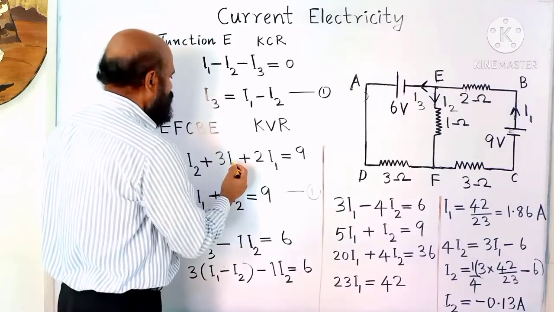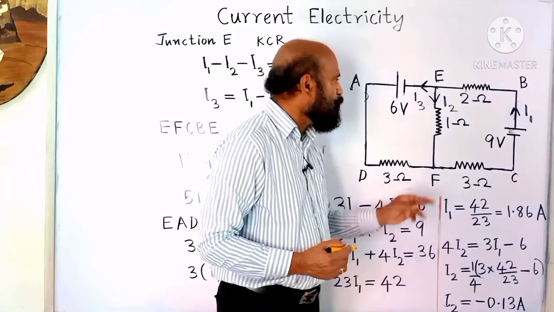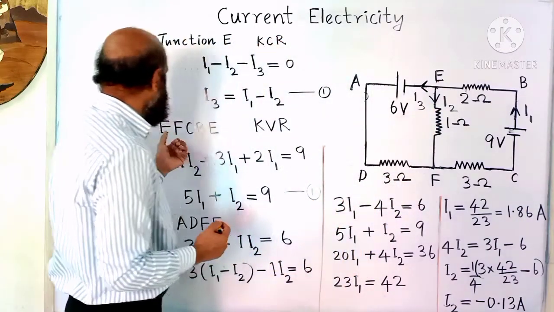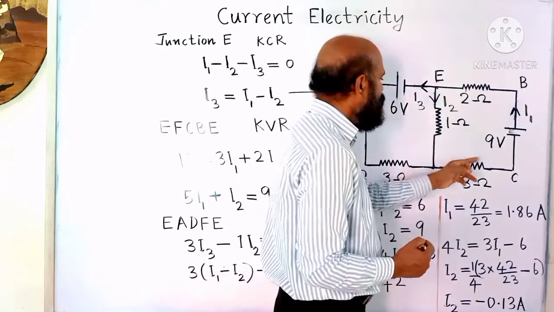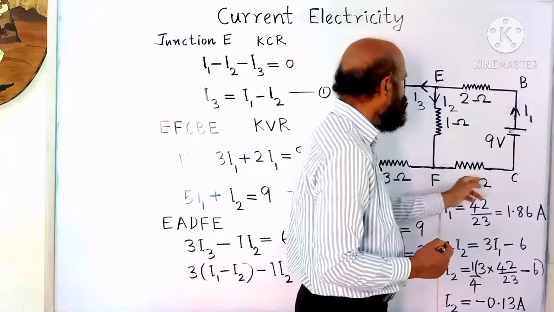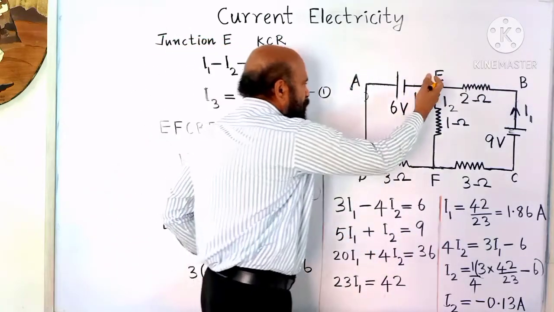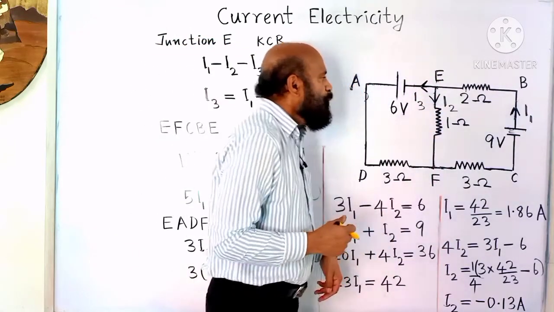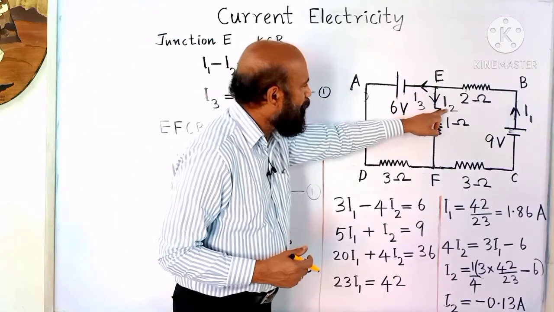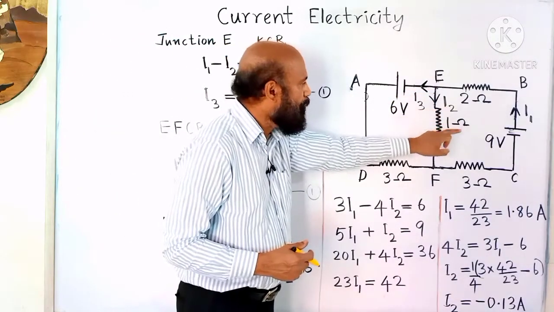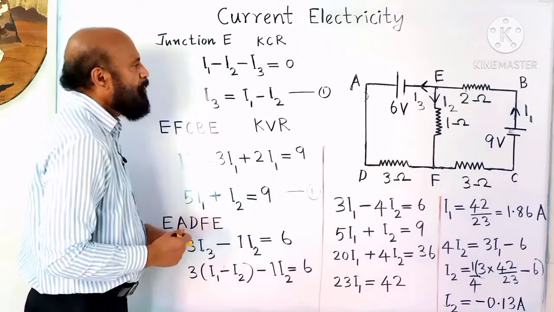Then apply Kirchhoff's second rule to this closed loop, EFCBE. This is the direction of the loop. So you can start from here. Here the current is I2, resistance is 1, so 1 I2.